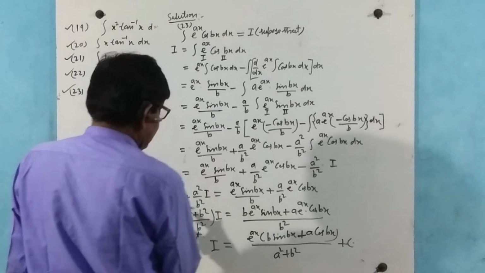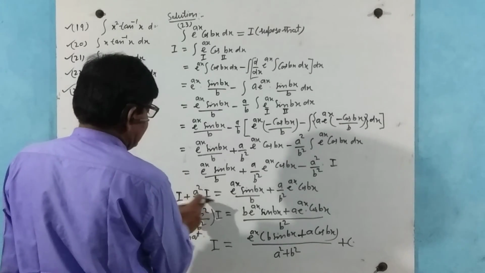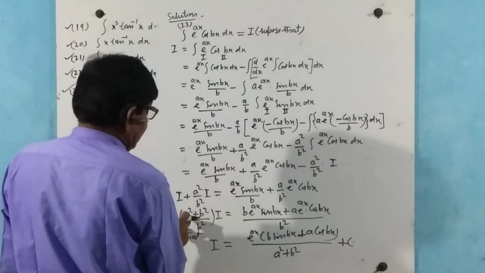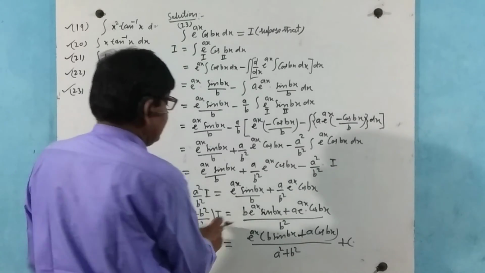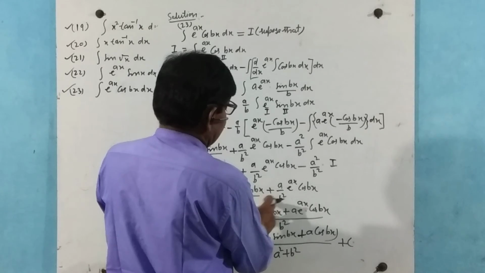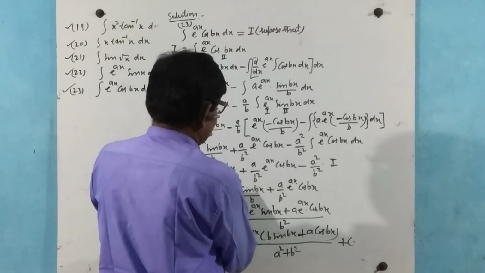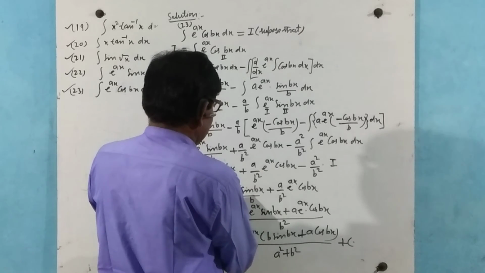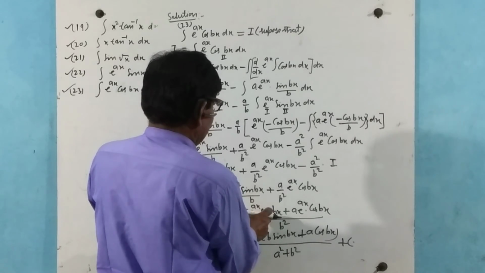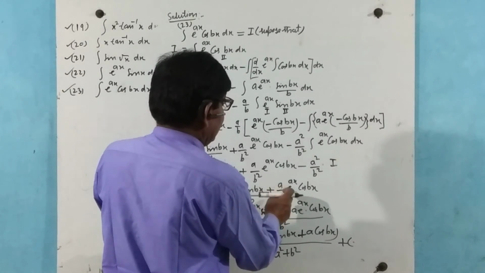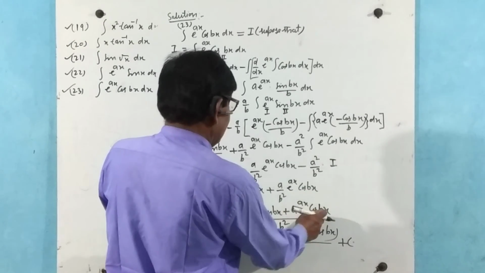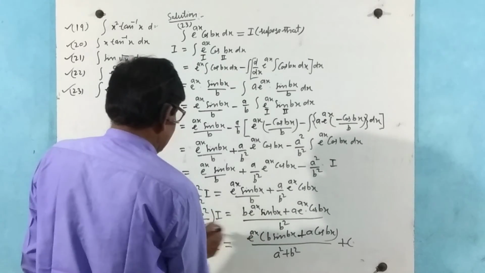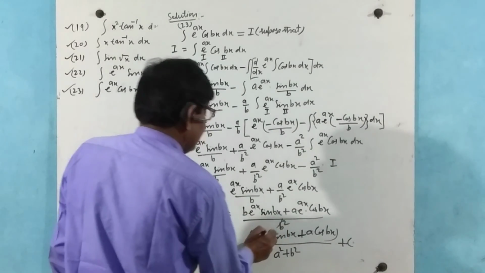Now here we take the common I: b square plus a square by b square, that is a square plus b square by b square I. And here also we take LCM b square, so that b e to the power ax sin bx plus a e to the power ax cos bx. Now b and b cancel, these terms and these terms cancel here.